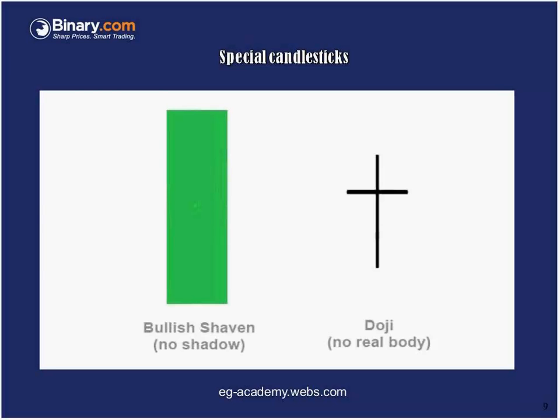Occasionally, you will come across candlesticks that have no shadows or have no real body. These are very special candlesticks that can provide you with information about where market price may be headed, and I will discuss more about these special candlesticks.